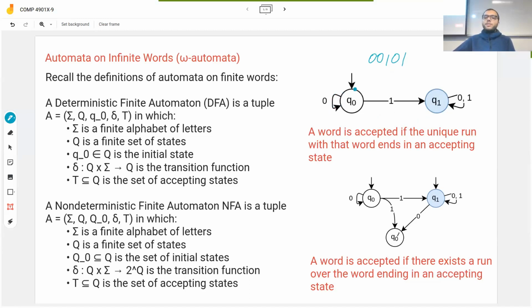So any number of zeros at the beginning of the word will just be ignored. I will stay in the same state. And as soon as I read a 1, I will go to the other state. And as soon as I've come to Q1, it doesn't matter what I read. Again, everything is ignored, and I'm going to end up in Q1 and get accepted. So this automaton accepts all words that have at least one 1 in them.